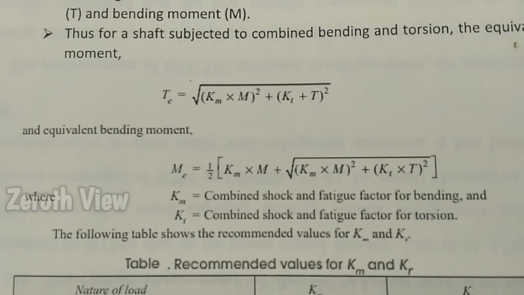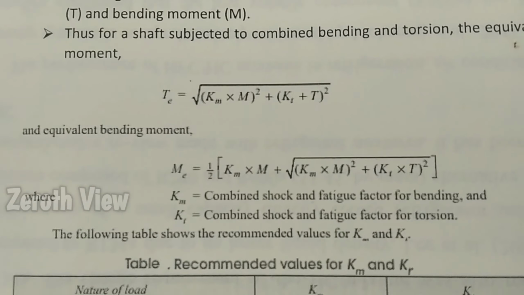Okay, this is not plus, this is KT into T square. Then the equivalent bending moment will be ME equal to 1 by 2 [Km into M plus root of (Km into M) square plus (KT into T) the whole square].